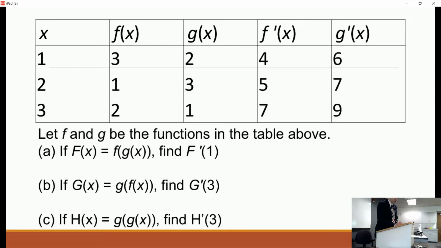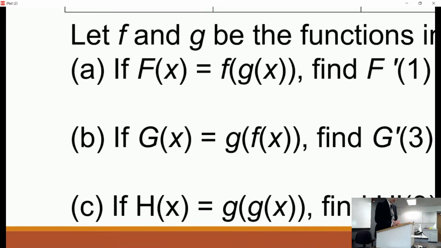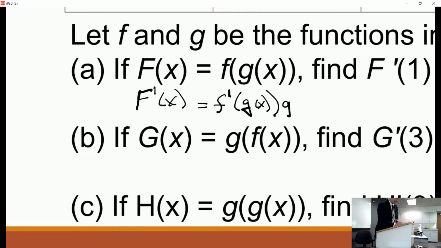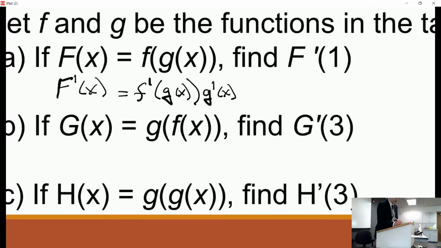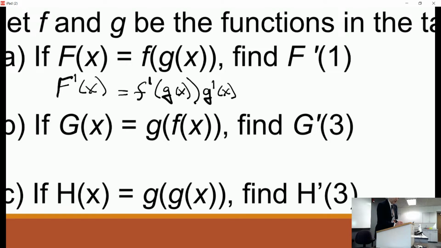If capital F of x is little f of little g, then capital F prime will be, using the chain rule, little f prime evaluated at g times little g prime. That means that capital F prime of 1 will be little f prime evaluated at g of 1 times g prime of 1.